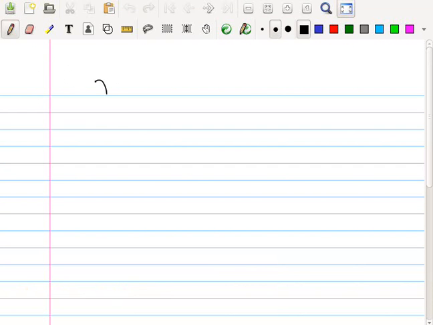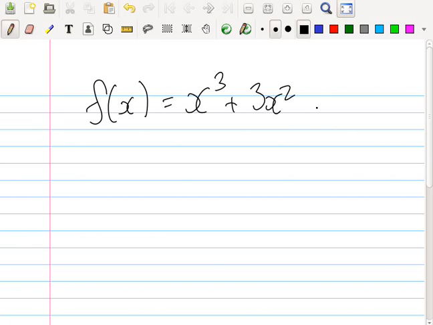We have f(x) equals x cubed plus 3x squared plus 3x plus 2. So what's the procedure to find the inverse?